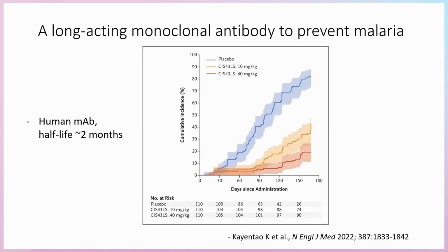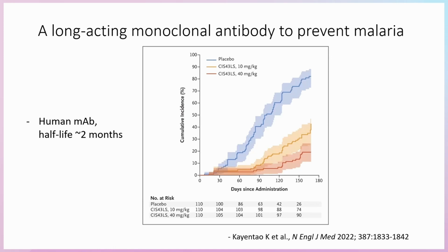I'm going to finish with the example of malaria. And here is a figure from a study published in 2022 of a monoclonal antibody CIS43 in the LS version. So this is an extended half-life human monoclonal antibody with a half-life of about 2 months.